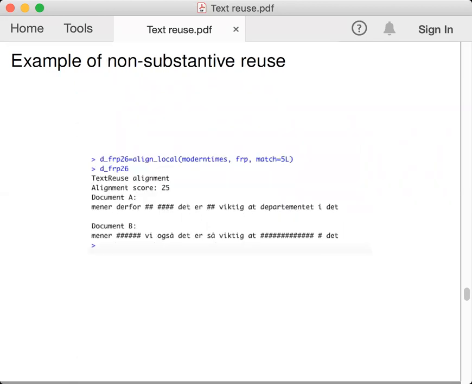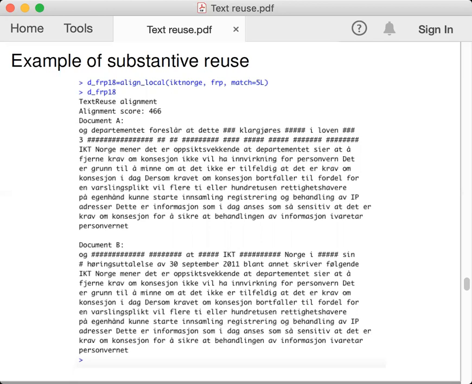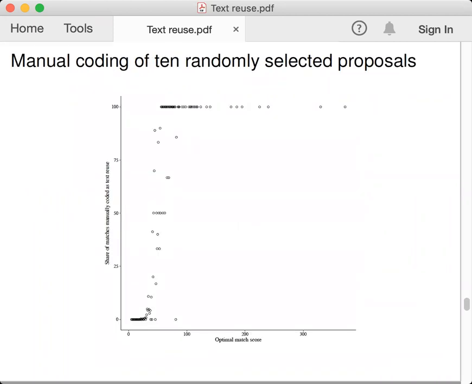As you can see, in this case the score is 25, and in this case it's 466. So I was asking, when can this score tell me anything? Can I use it to automate the process? I randomly selected 10 of my proposals and went through all of the matches, coding whether each is a substantive argument or not.